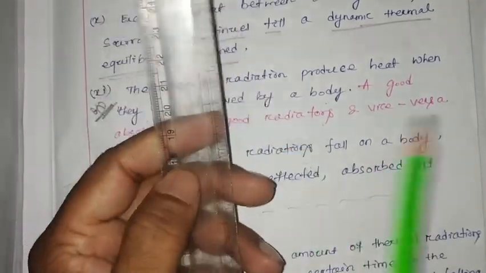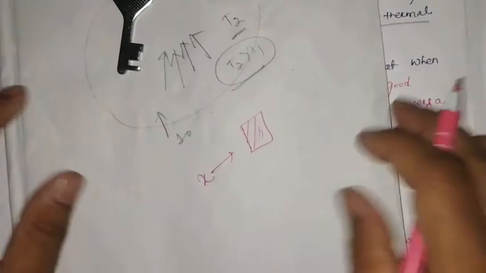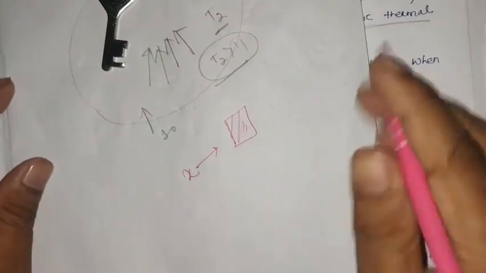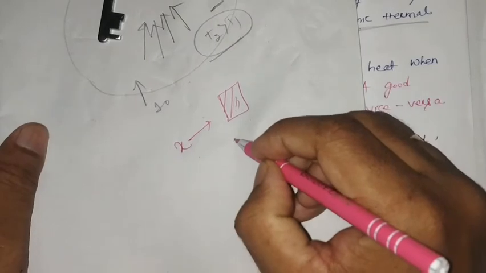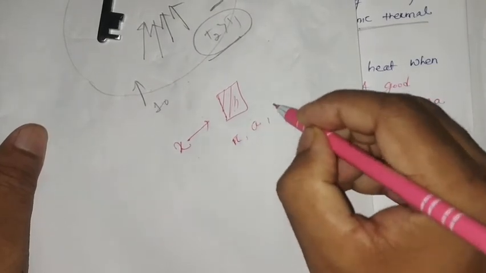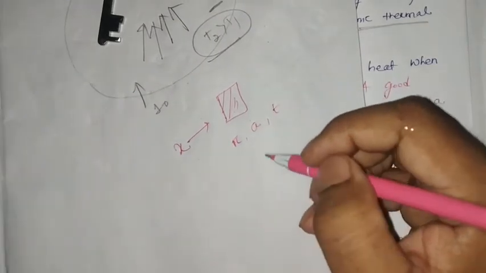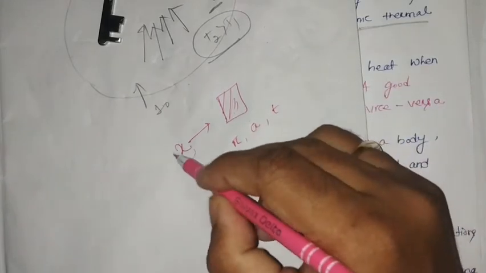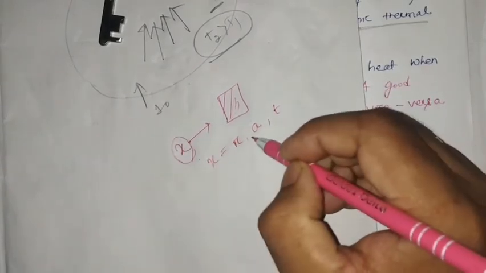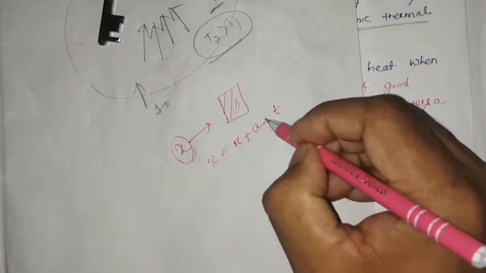So if we apply x amount of heat radiation upon a material, it is divided into reflection, absorbance, and transmission. That means the total radiation energy x will be R plus A plus T.